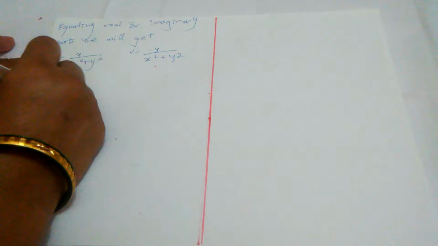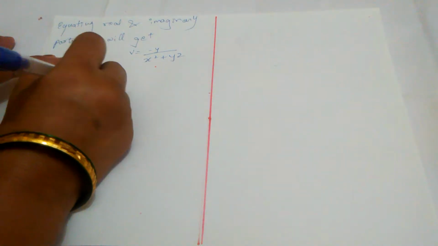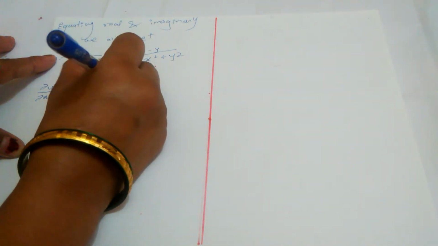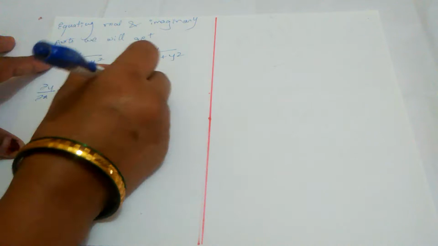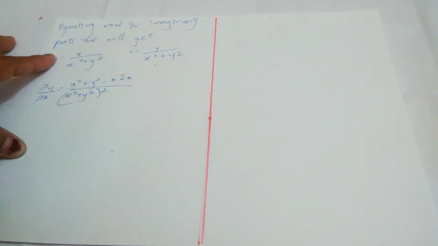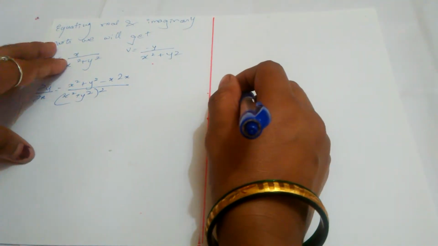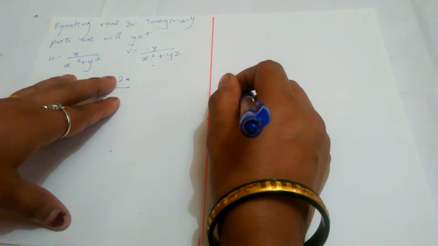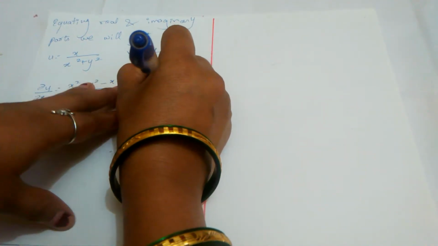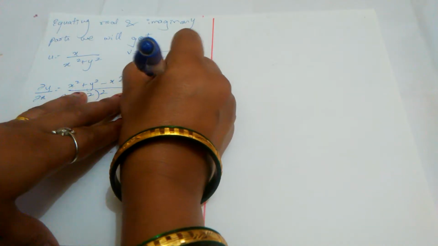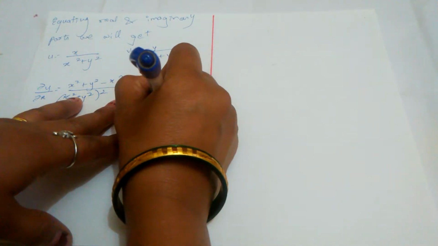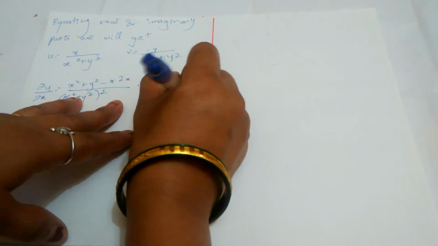or du/dx is equal to [(x square plus y square) minus x into 2x] divided by (x square plus y square) the whole square, which we will be getting as (y square minus x square) divided by (x square plus y square) the whole square.